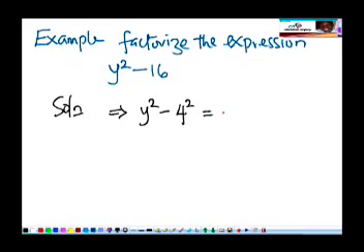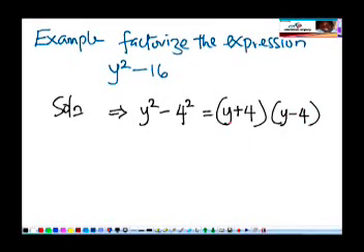And that becomes (y plus 4)(y minus 4), the sum of the bases and the difference of the bases. Take note, you have to take the sum first before the difference. Do not mix it around.